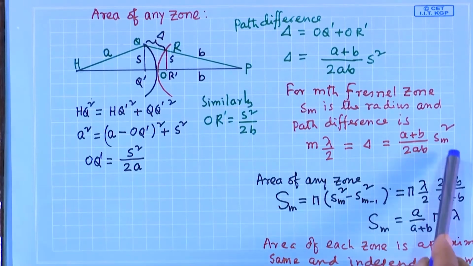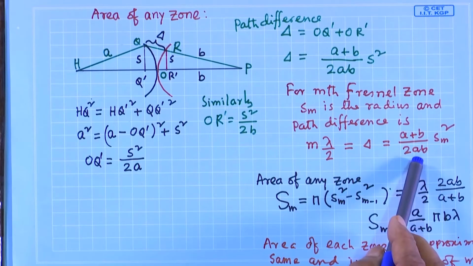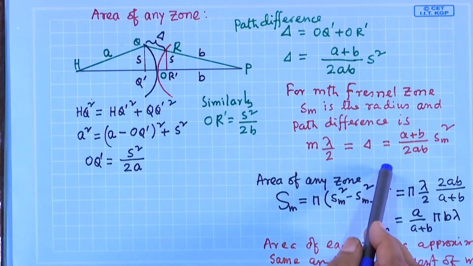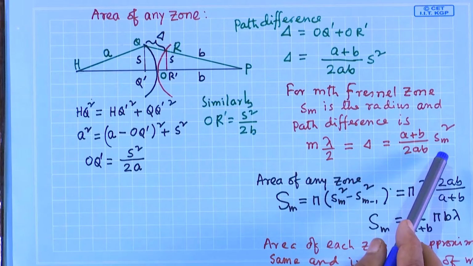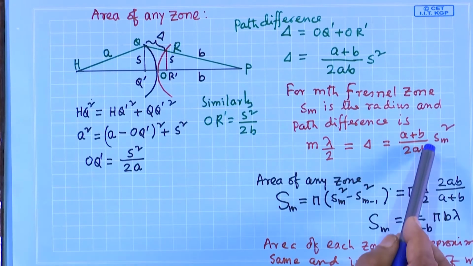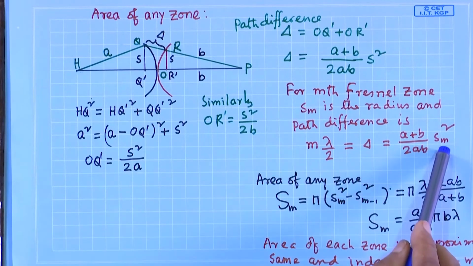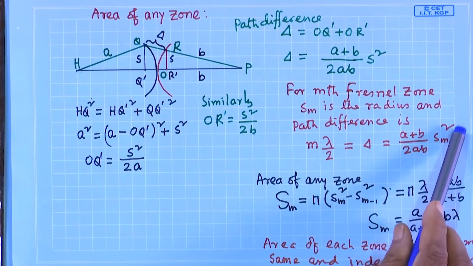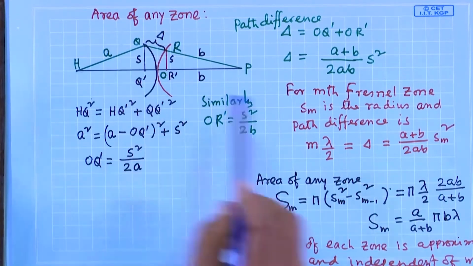Okay. So from here we can find SM square. SM is the radius.